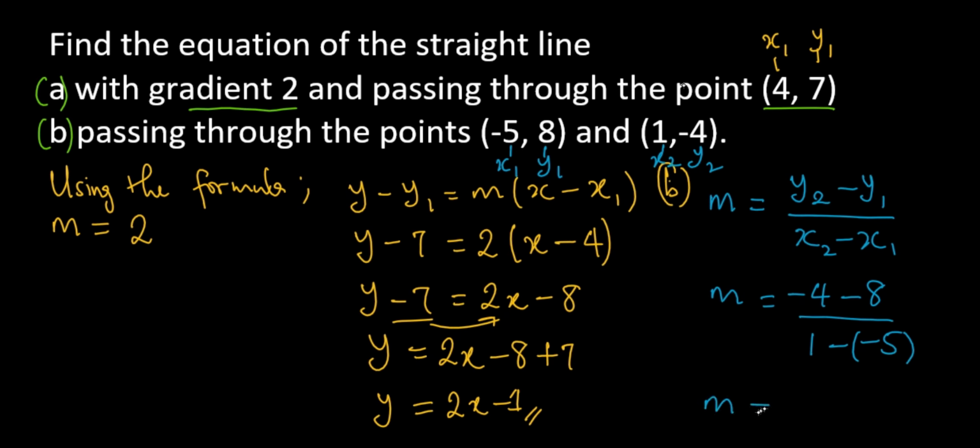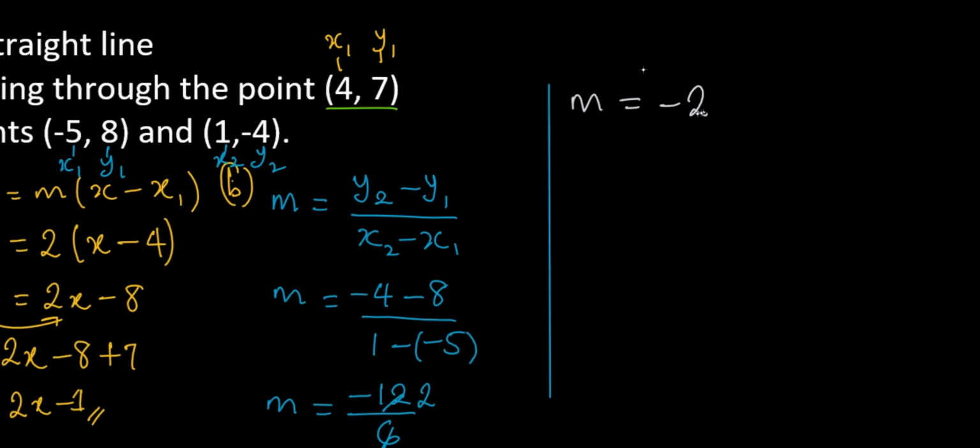So the slope is minus 4 minus 8, which gives us minus 12, over 1 minus minus 5. That's 1 plus 5, which is 6, and m is equal to minus 2.